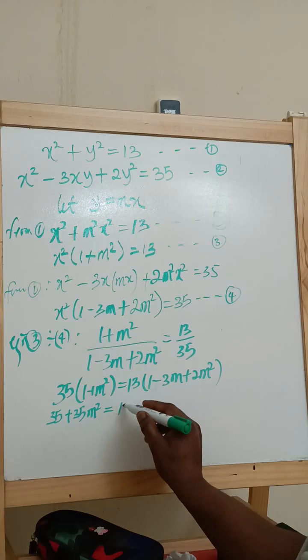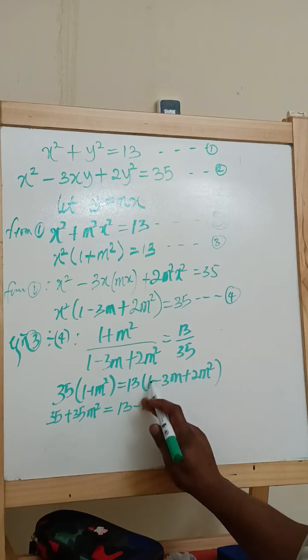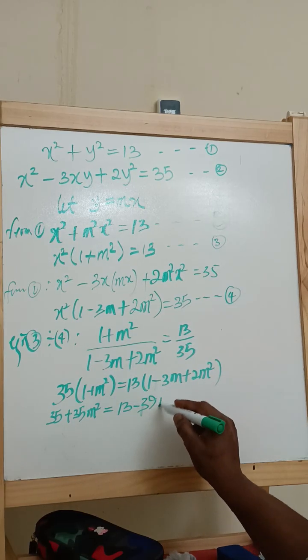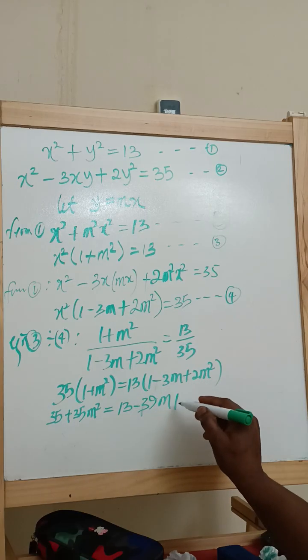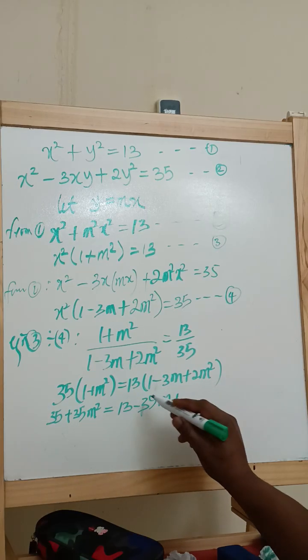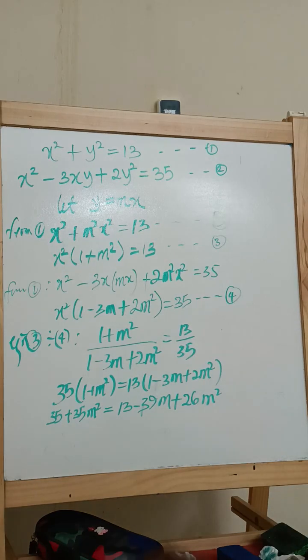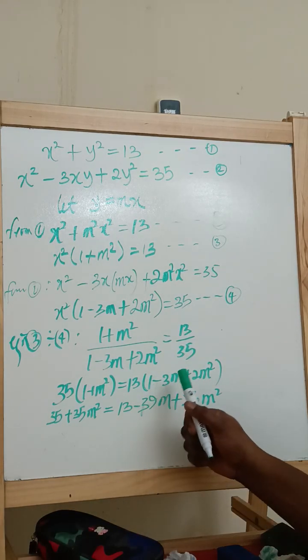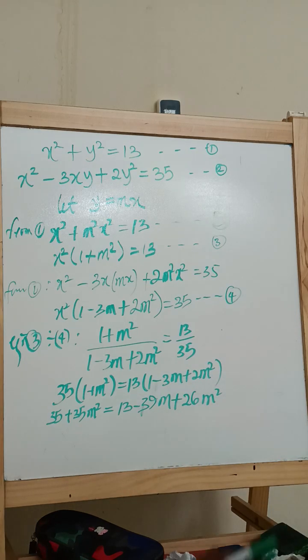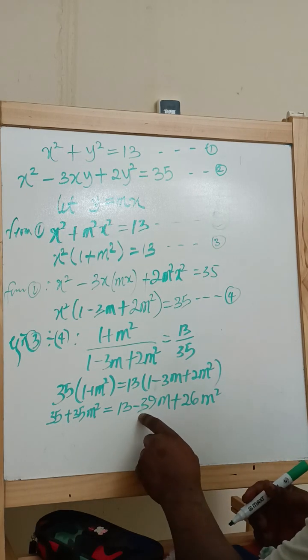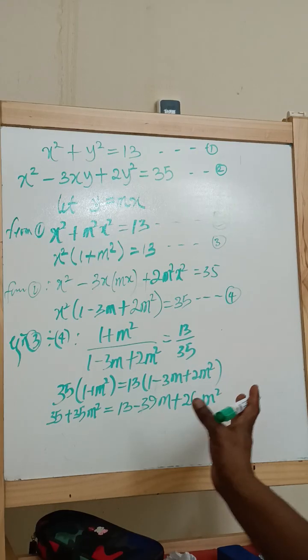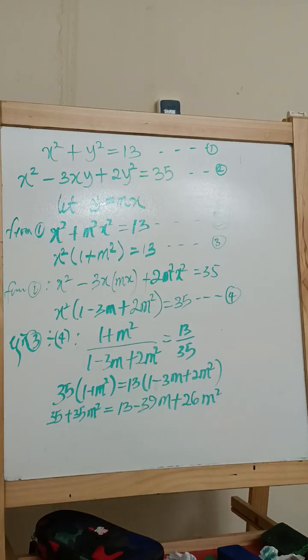Once we simplify this further, it's going to be 35 plus 35m squared, then this becomes 13 minus 39m plus 26m squared. That is, this 13 is going to multiply every term in the brackets. Then the next thing we want to do here is to bring everything to the other side of the equation.